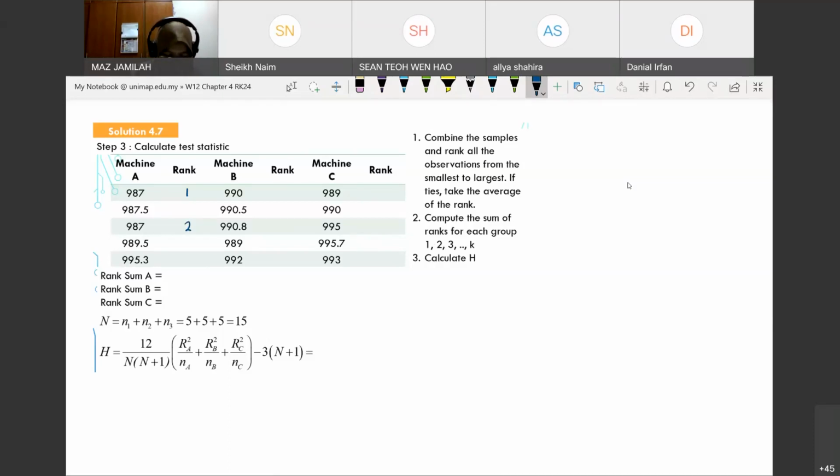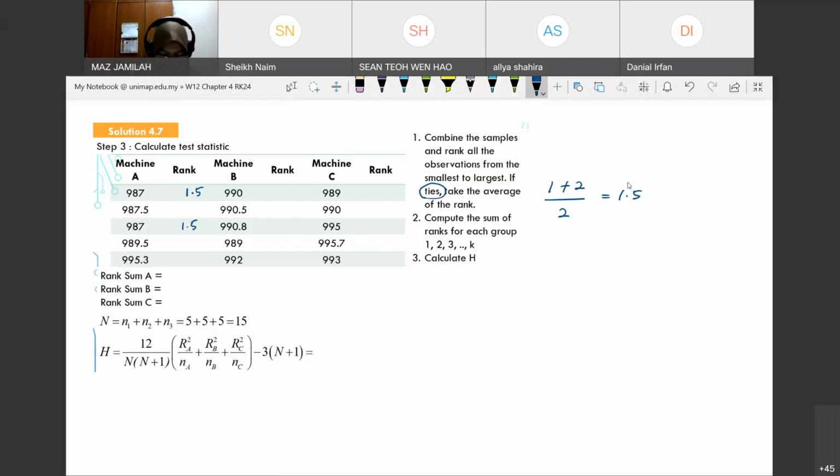But since they have ties, if in case you have ties, take the average. So 1 plus 2 divided by 2, you get 1.5. That's why here you put 1.5, 1.5 here.